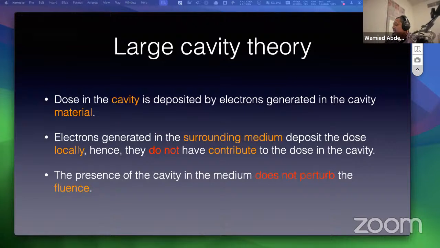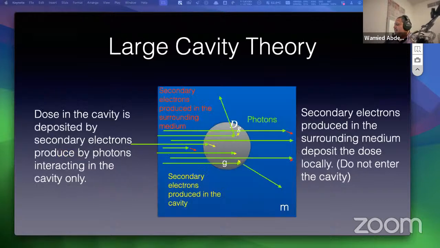Essentially, the other condition is that the presence of the cavity in the medium does not perturb the fluence. Remember, our goal is to determine the dose in the medium when this cavity is removed. So the fluence needs to be the same. So when these two conditions are met, then the large cavity theory applies.